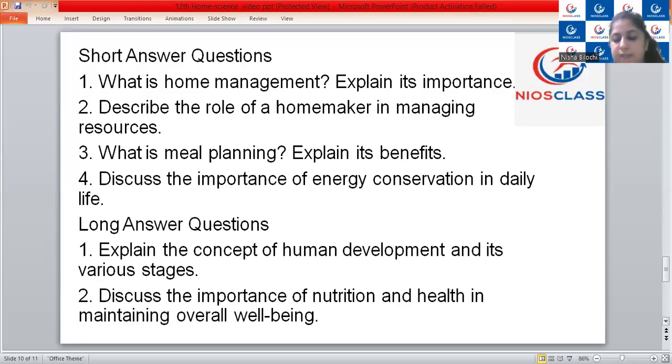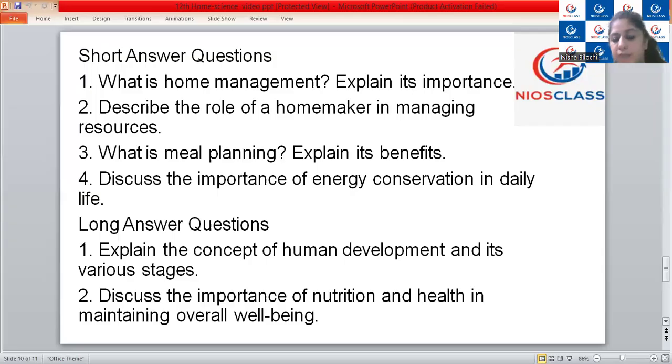Because management is needed everywhere. Home is such a big responsibility and you need management in each and every section, whether it's cleaning, cooking, doing laundry, or education, teaching the kids, whatever is there. So there is a lot of importance of home management, right?